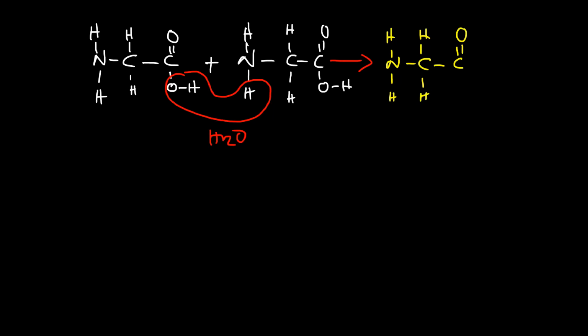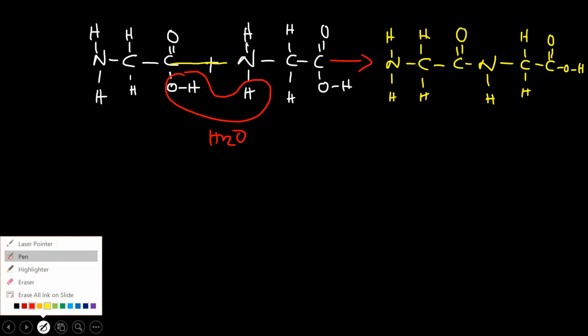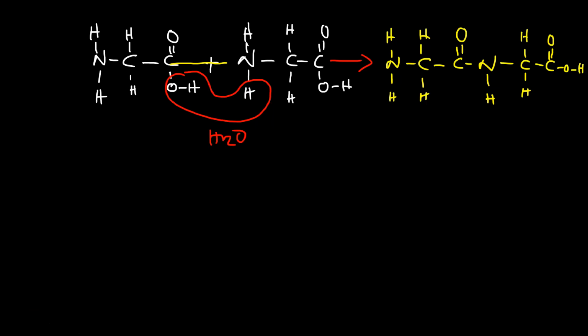So you are remaining with this, then attached to this. So you're going to have this. Then of course I can put the hydrogen like that. Can put this, that. Then we have something like this. So now, what bond is here? So the bond that you should be able to see is this one.